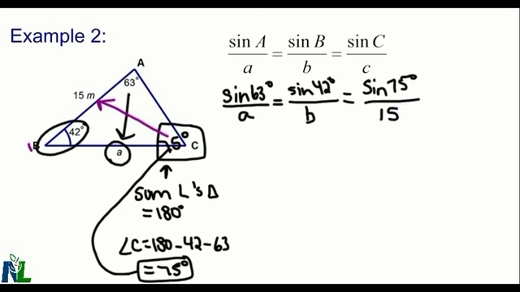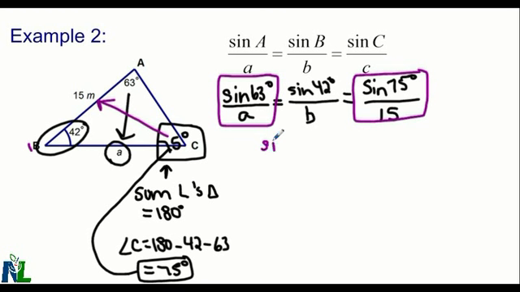So now we're going to choose what ratios we're going to use. We're going to use sine of 63 degrees over A and sine of 75 over 15. So the sine of 63 over A equals the sine of 75 over 15. I chose these two because you can only have one unknown.